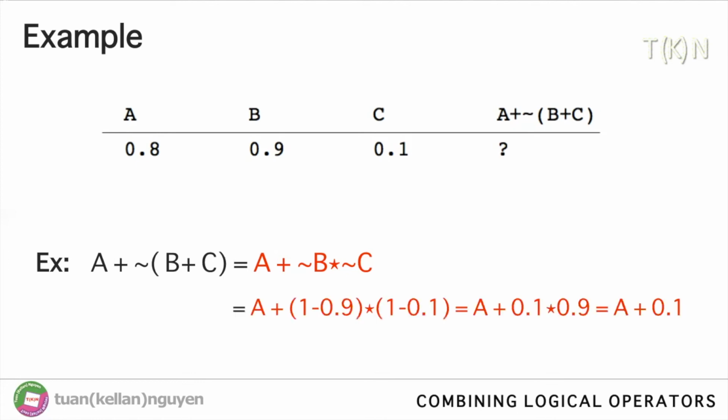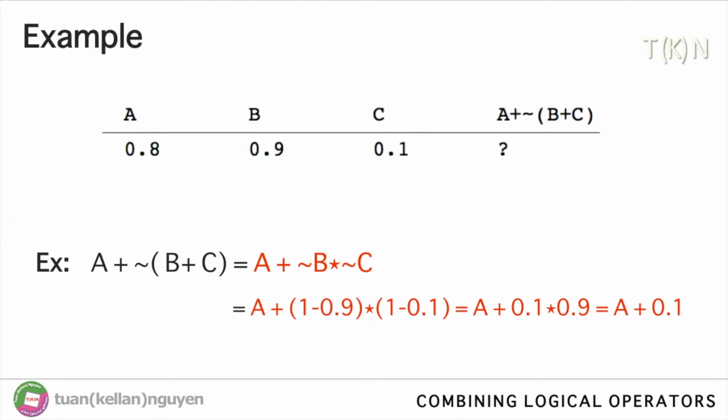In the conjunction AND operator between negated B and negated C, we take the minimum value between negated B and negated C. We already have the original scores of B and C, then just simply subtract those scores from 1 and we will get the negated scores, which are 0.1 and 0.9, respectively.